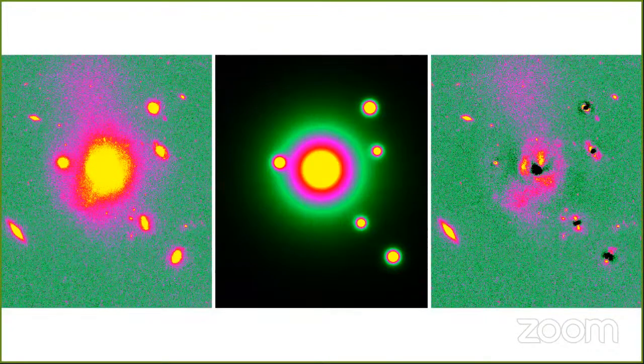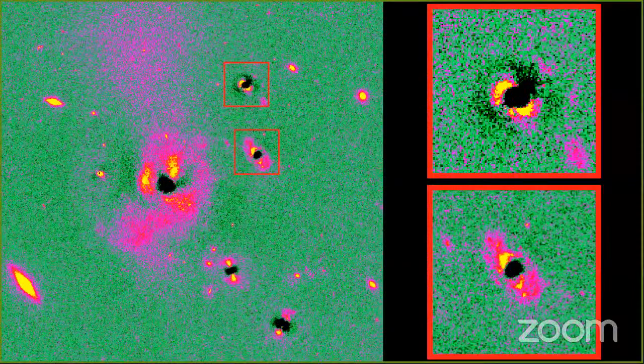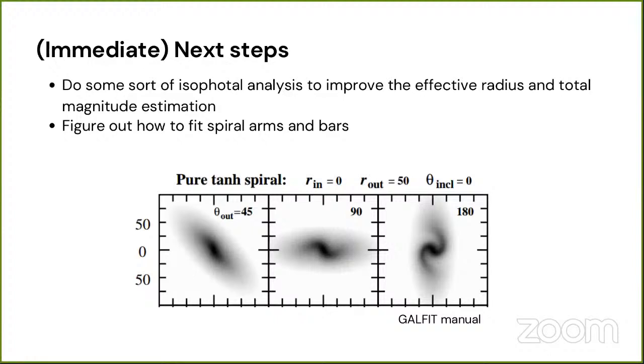My next steps are going to be to get better at estimating the half-light radius. As of now, it was basically trial and error. I'm trying to find out how I can use an isophote analysis to figure out the half-light radius.